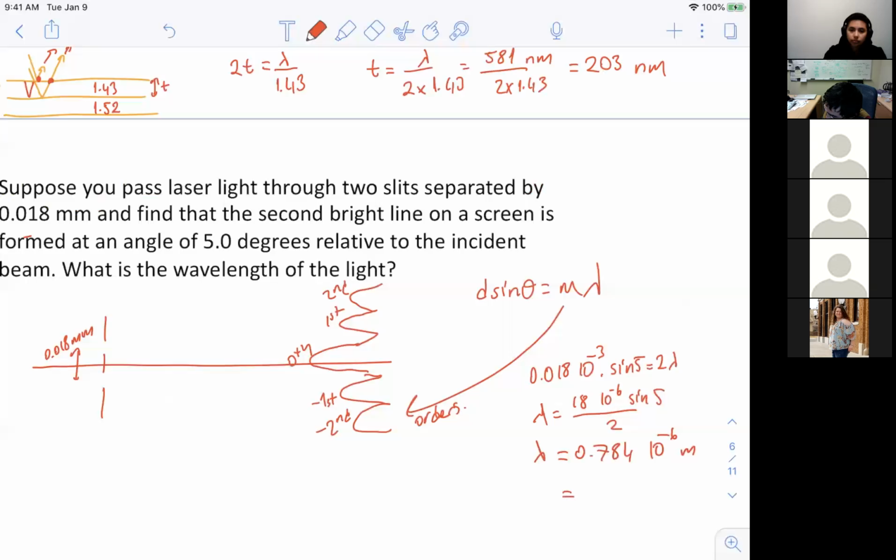So to convert to nanometers, it's going to be 784 nanometers, 10 to the minus 9.